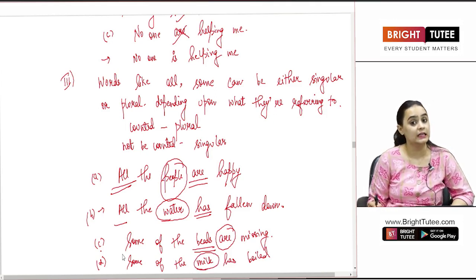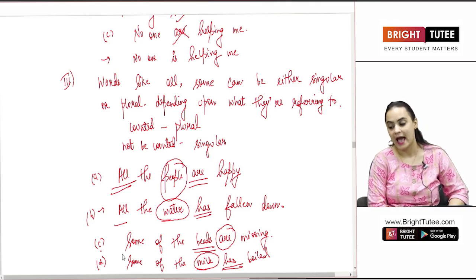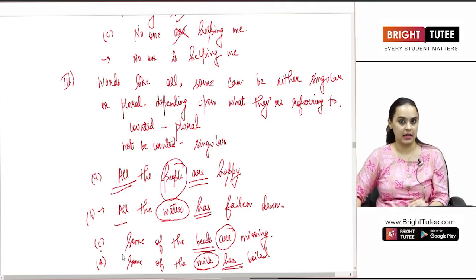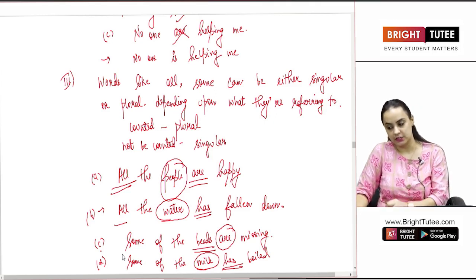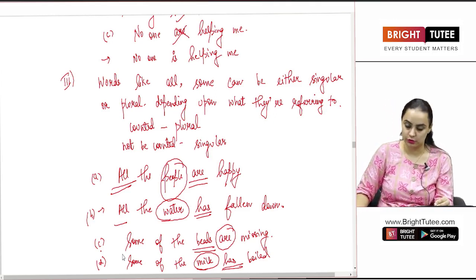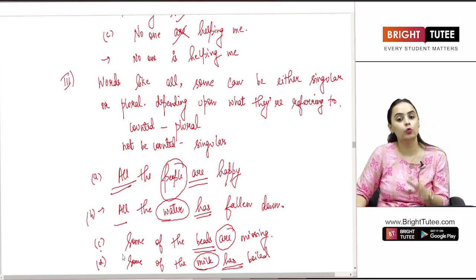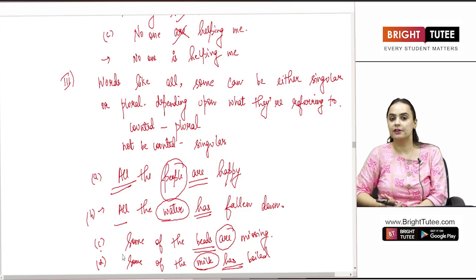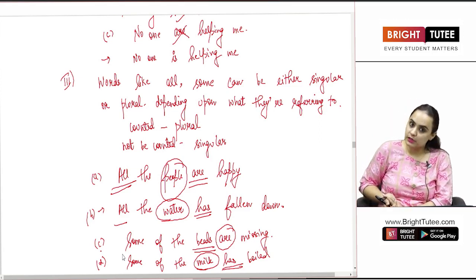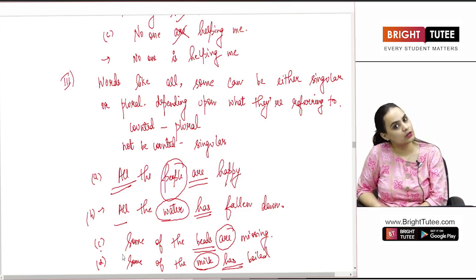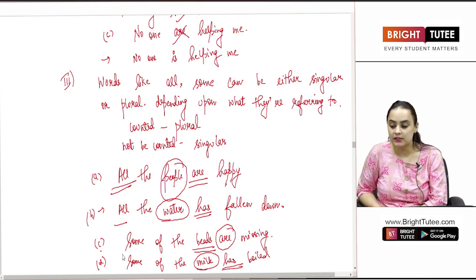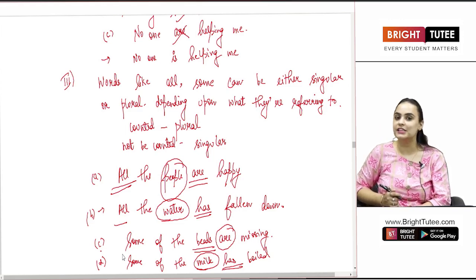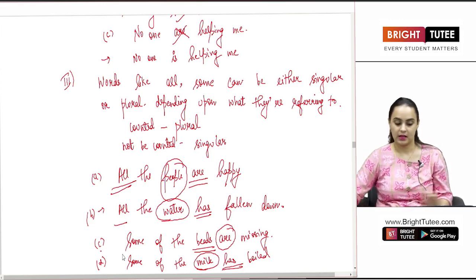Milk, which is uncountable, therefore has is used with it. So, all and some can be either singular or plural. It depends on what it is referring to. If these words are referring to a countable noun, then we will use a plural verb with it. If these words are referring to an uncountable noun, then we will use a singular verb with it.